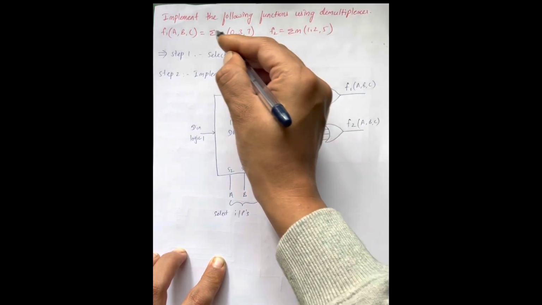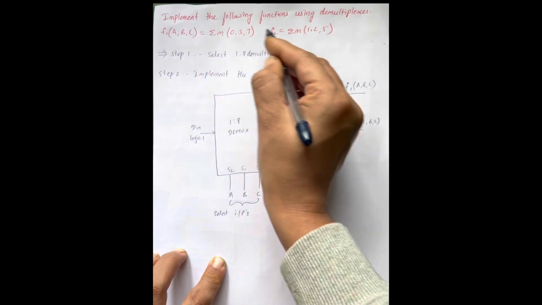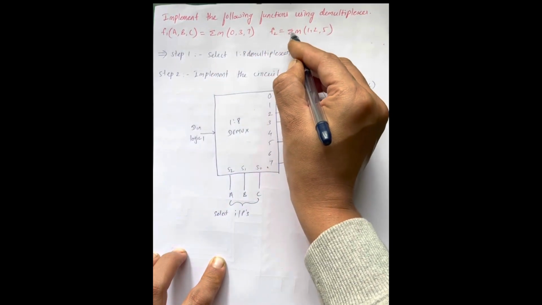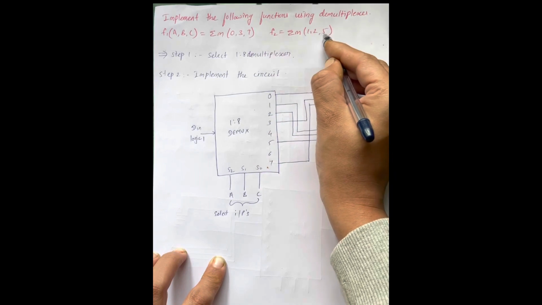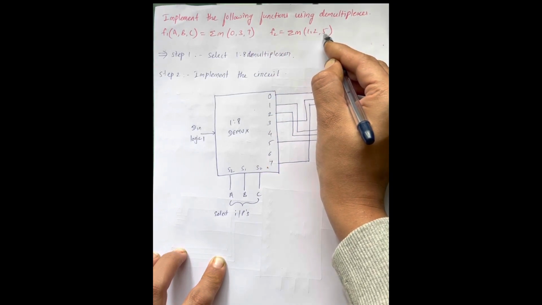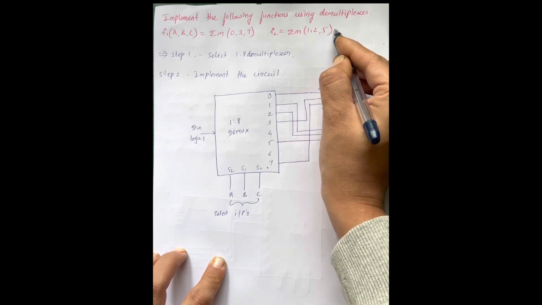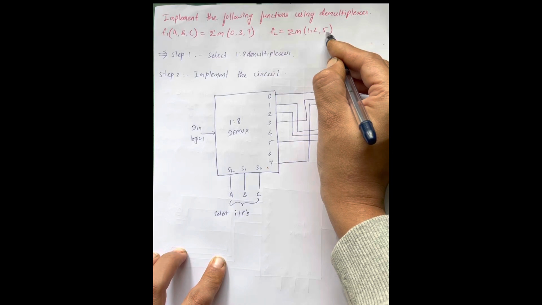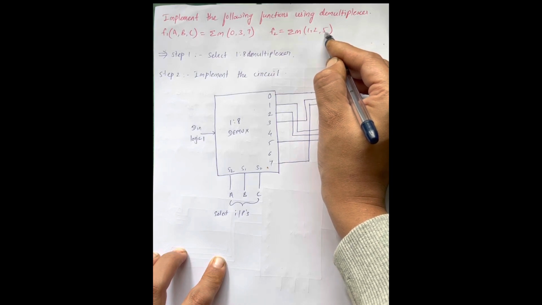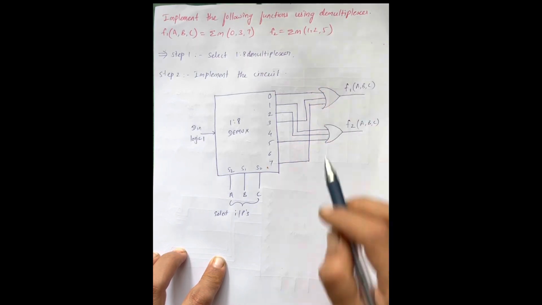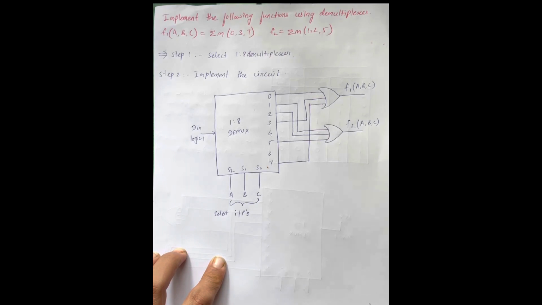As I told you, there are 3 inputs in both functions. The inputs are not mentioned, but you can see that 5 is there, which means it is greater than 3. Actually 3 inputs means 2 to the power 3, 8 combinations, and its range will be 0 to 7.